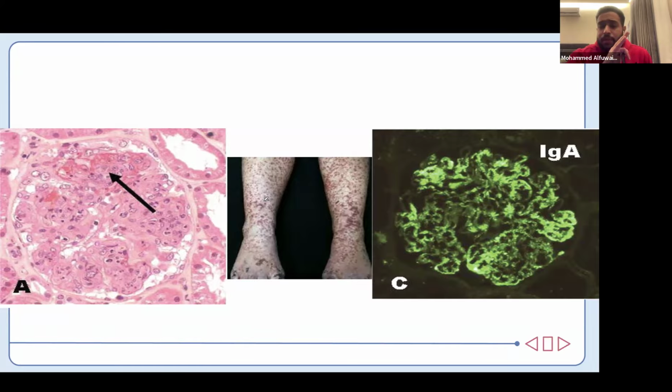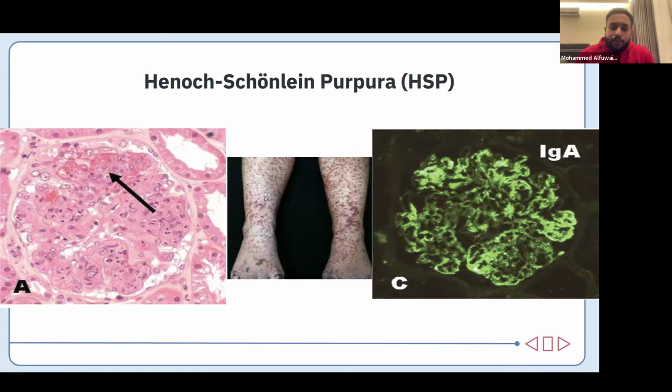It's the same as IgA nephropathy. It's basically almost the same entity, okay? So you don't need to go into in-depth detail of what's the difference between them. Okay, it's basically whatever happens in the kidneys, it's exact same. Okay, but it has other manifestations such as the palpable purpura. Okay, it's a very common description for HSP.